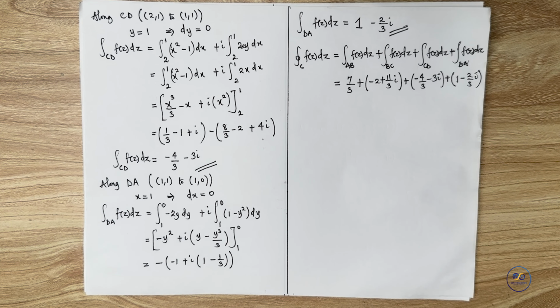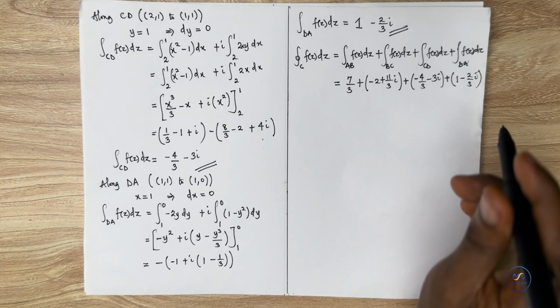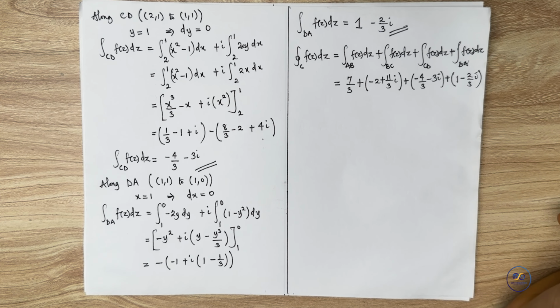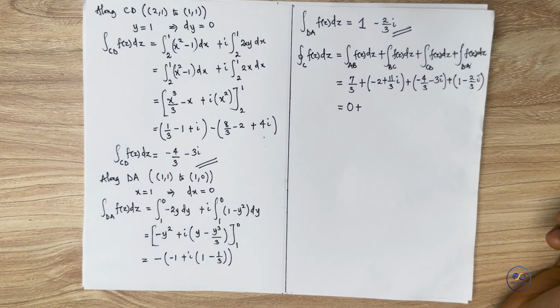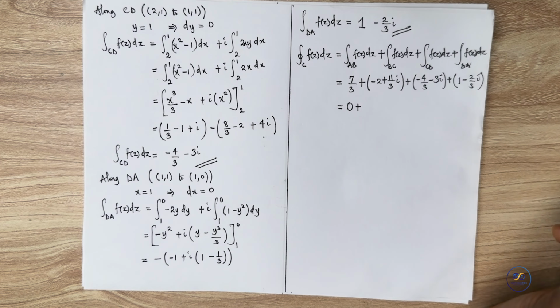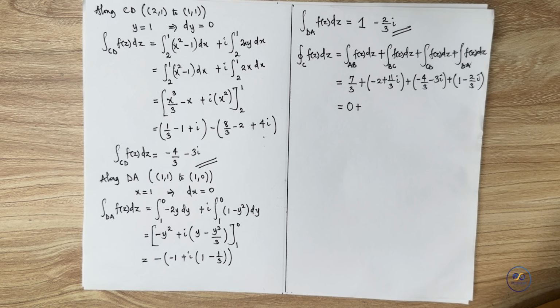Now, adding all of this together, let's start with the real part. 7 over 3 minus 2 will give us 1 over 3. 1 over 3 minus 4 over 3, of course, in this case, gives us minus 1. Minus 1 plus 1 gives us 0. So the real part gives us 0. Now, what about the imaginary part? 11 over 3 minus 3, well, that gives us 2 over 3. 2 over 3 minus 2 over 3, that gives us 0 as well.